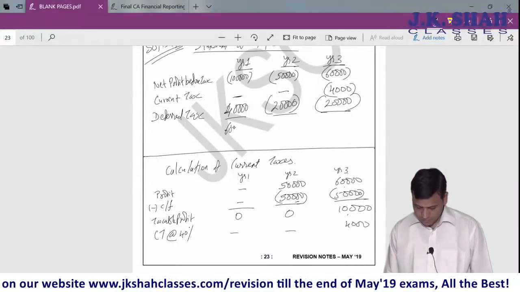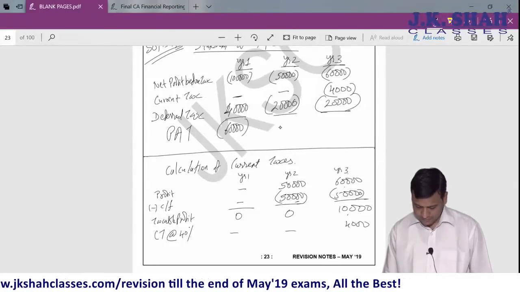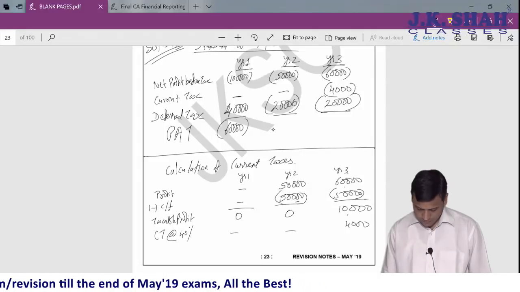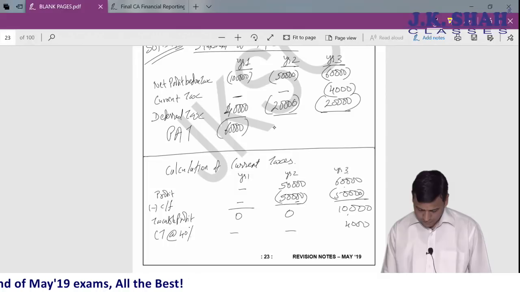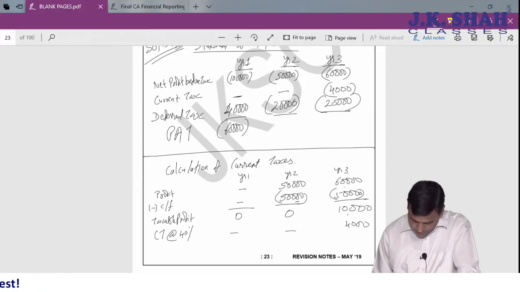So, 60,000 negative profit after tax. So, what will be the amount here? Sorry, I made an error. It is already negative. So, can I say 30,000? Just wait.